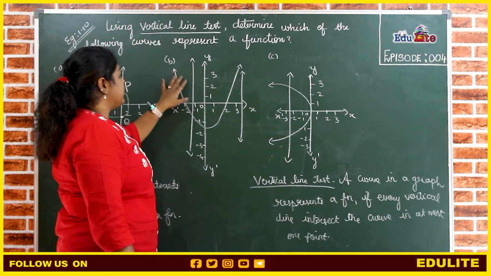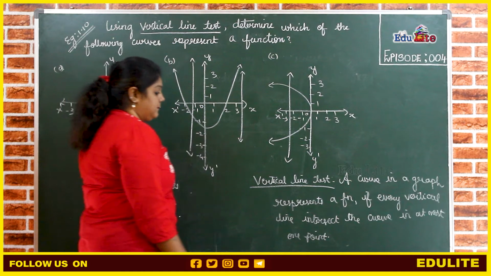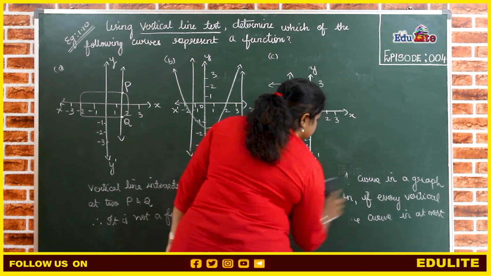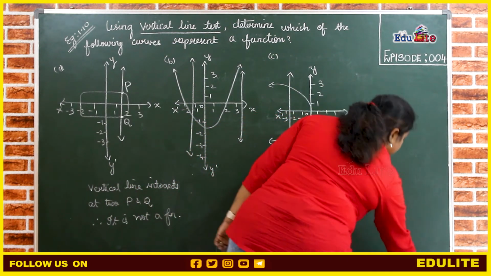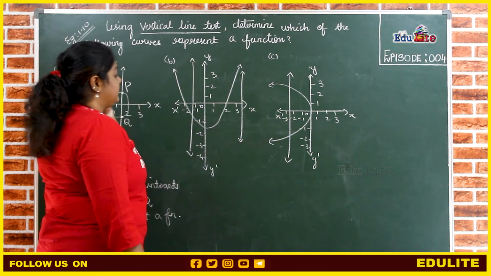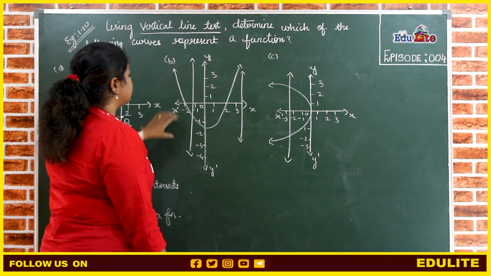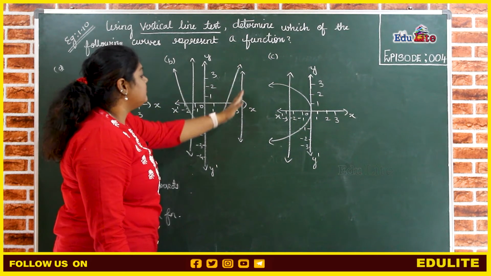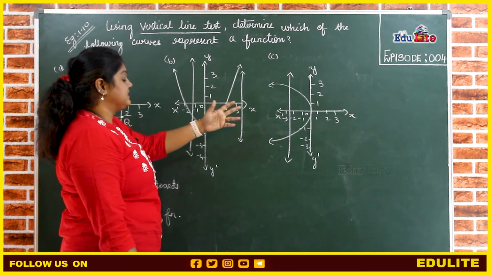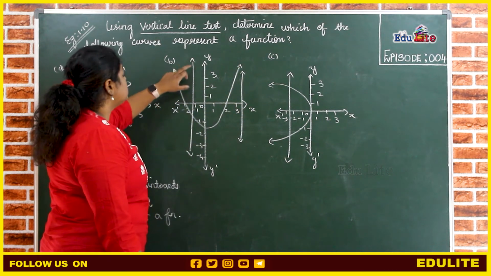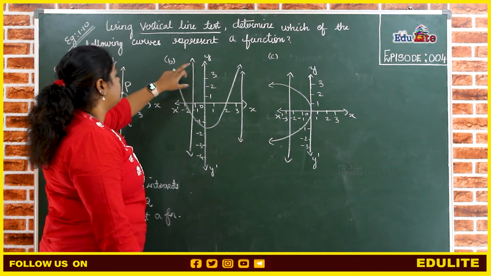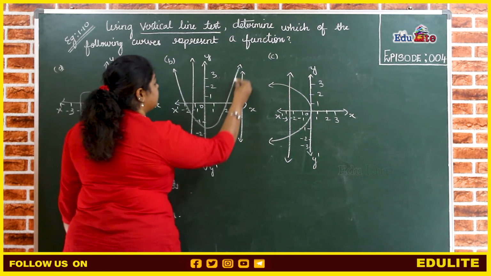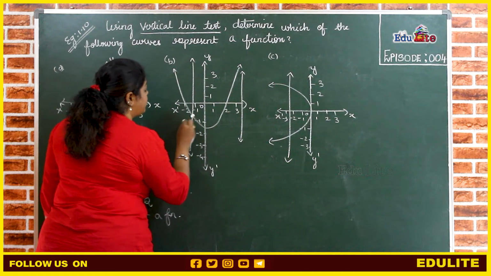We will move on to the second subdivision. If you look at this subdivision, there are two vertical lines. We need not worry about this vertical line because it doesn't touch the curve at all. So we should only care about the vertical line over here. If you see this vertical line, it touches the given curve in at most one point.